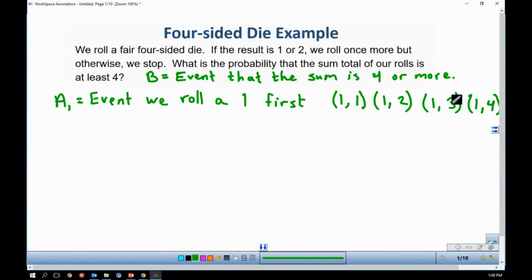Of my rolls, which one gives me 4 or more as the sum? Third one and the fourth one. These, right? So I can say the probability of B given A1 would be equal to what? 0.5. That's right, 1/2.